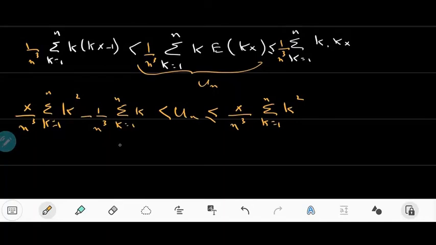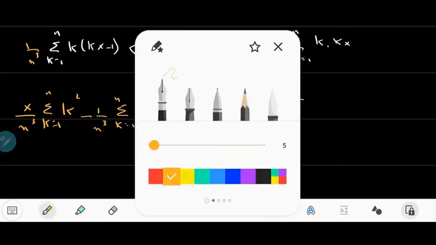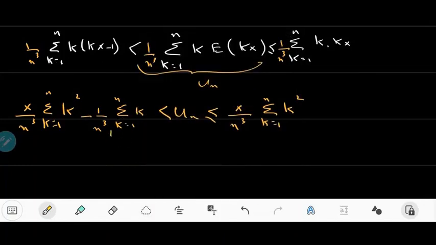Now the sum of k from 1 to n, you can easily determine because it's the sum of an arithmetic sequence of first term 1 and common difference 1. It's the first term plus the last term, times the number of terms, over 2.